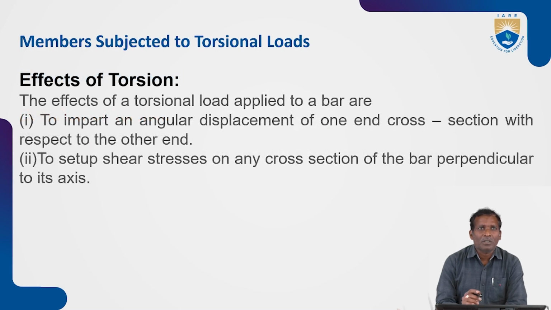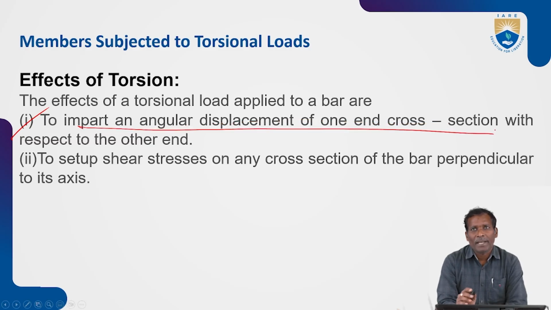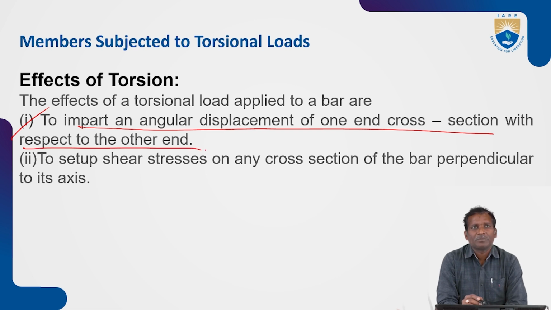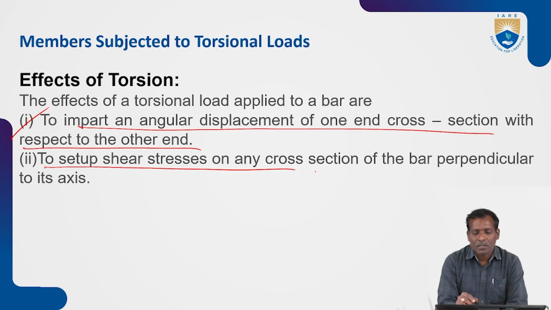The effects of torsion, whenever the shaft is subjected to torsional load: one is to impart an angular displacement of one end cross section with respect to the other end, and to set up shear stresses on any cross section of the bar perpendicular to its axis.